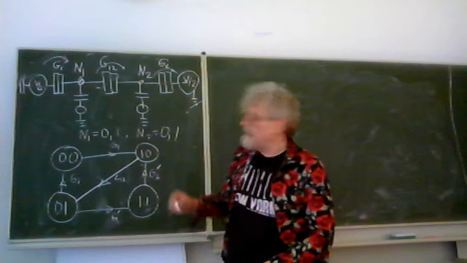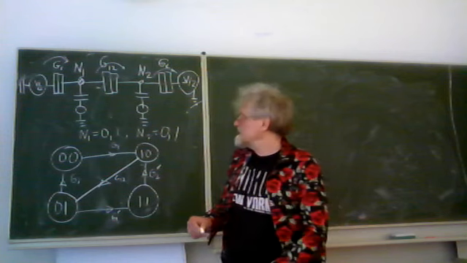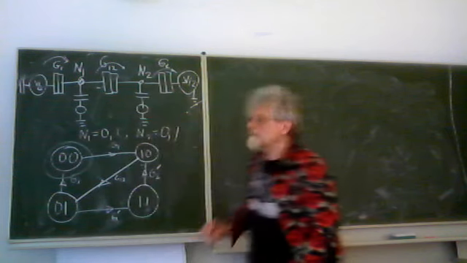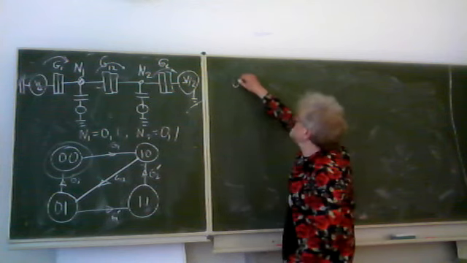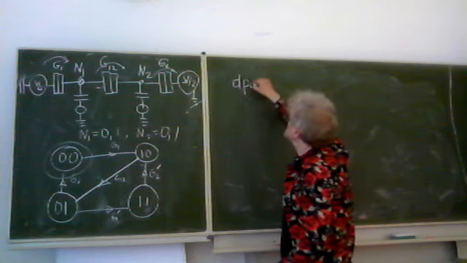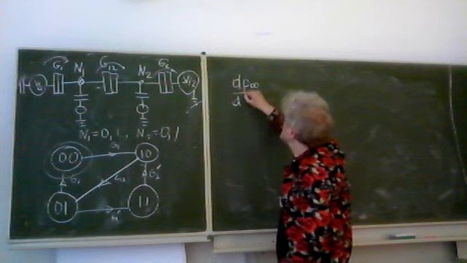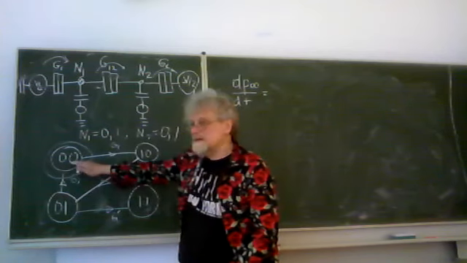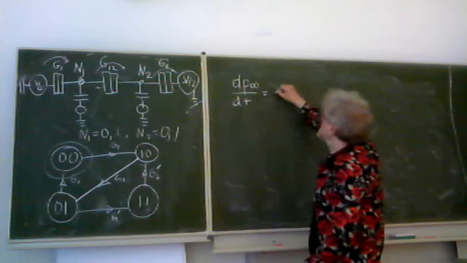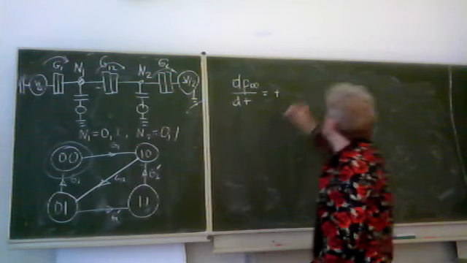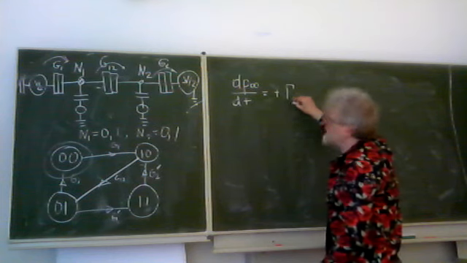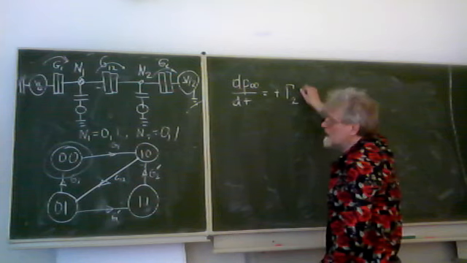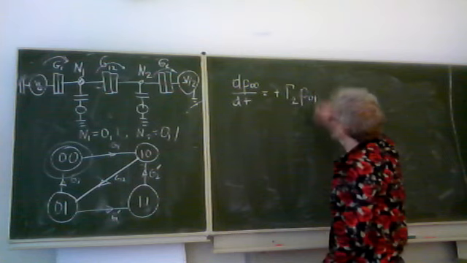Let me just consider one node in this diagram. That one. This is the equation for 0, 0. And okay, we see the incoming rates, which means with plus we have gamma 2, and that comes with P10.